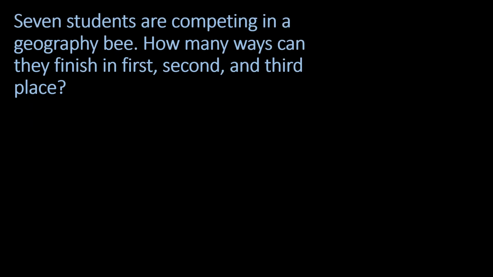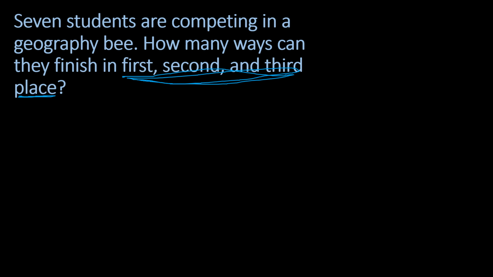Okay, so we're going to do some examples. 7 students are competing in a geography bee. How many ways can they finish in first, second, and third place? So I want you to underline this part right here. First, second, and third place. Which, I'm sorry, my underlining looks rough. Please don't underline yours that bad.